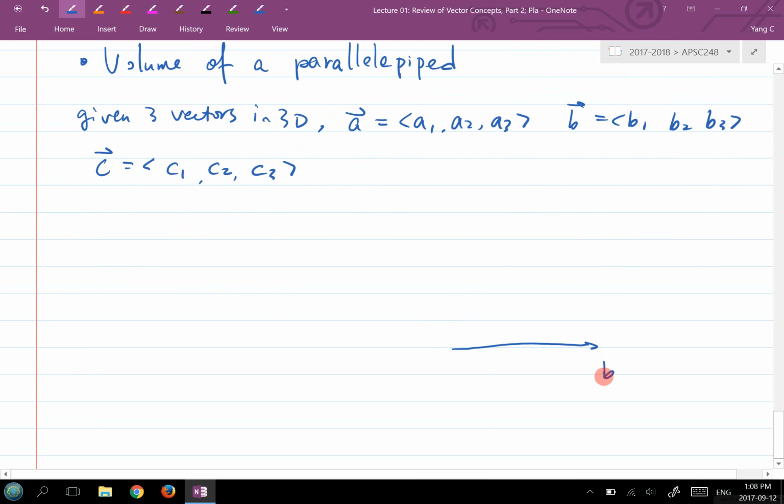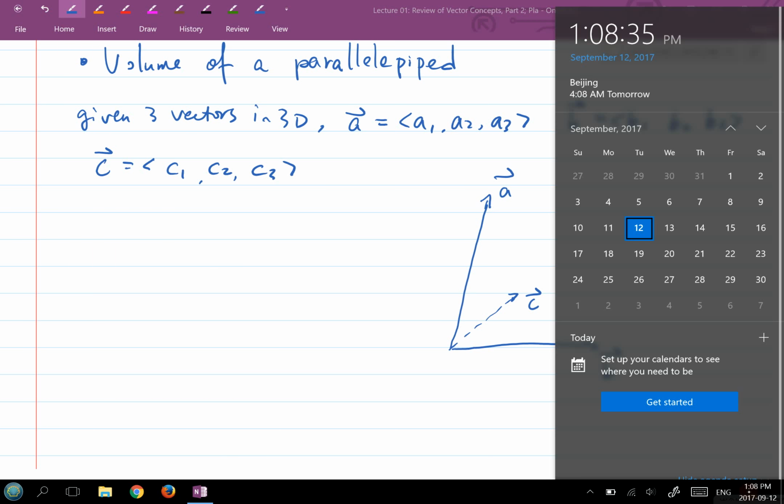Okay, so let's say this is B here, and this is C, and this is A. Okay, so they are all pointing in different directions. I purposely draw them so that they are not in the same plane. So now I can form an object using the three vectors that are here.